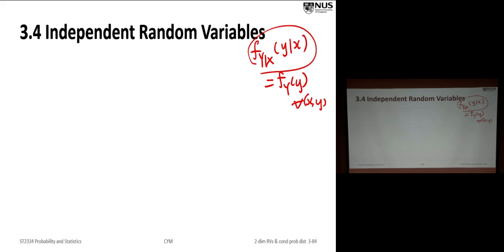So what does that mean? It means that for y conditional on x, the behavior of this conditional distribution does not involve any x. And in that case, we say that these two random variables, y and x, are independent. So that's what we're going to discuss.